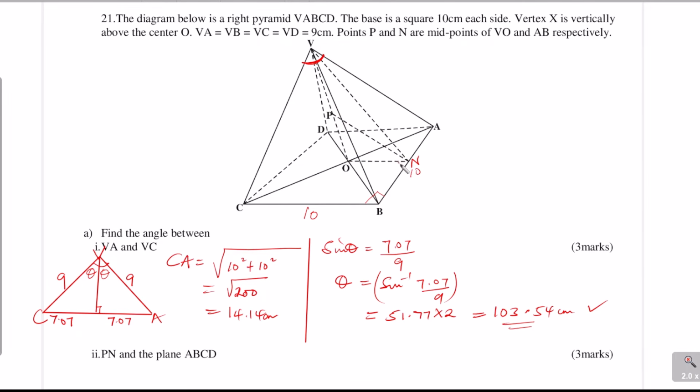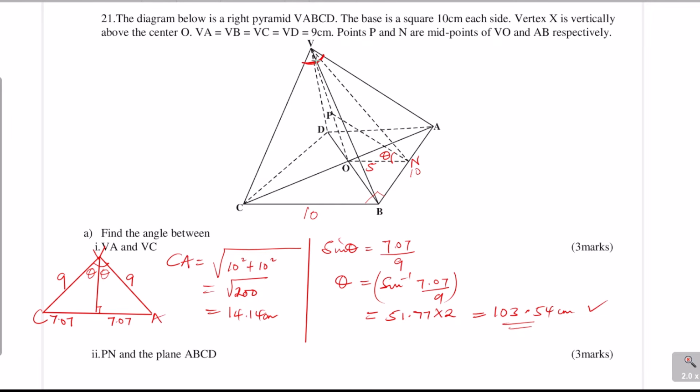Therefore the angle would be between that line PN and its projection ON, and that angle is the one that we have here. Using that diagram, we can get this distance. You can see NO is half the distance of CB. So if CB is 10 centimeters, then NO will be 5.